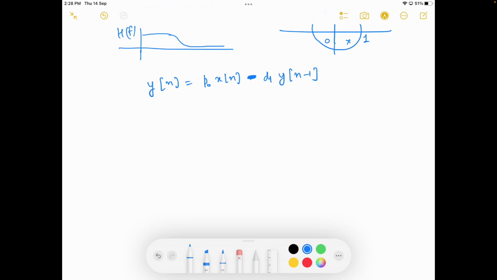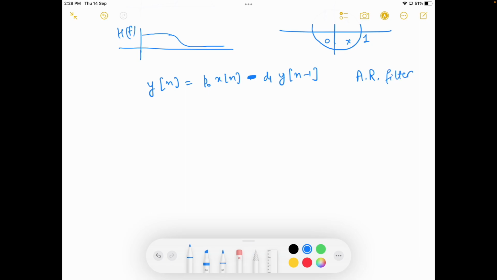Autoregressive, yes. This is called an autoregressive filter. Autoregressive means it regresses on itself, which means it uses its past outputs to find the current or future outputs. It's called an autoregressive AR function or AR filter.